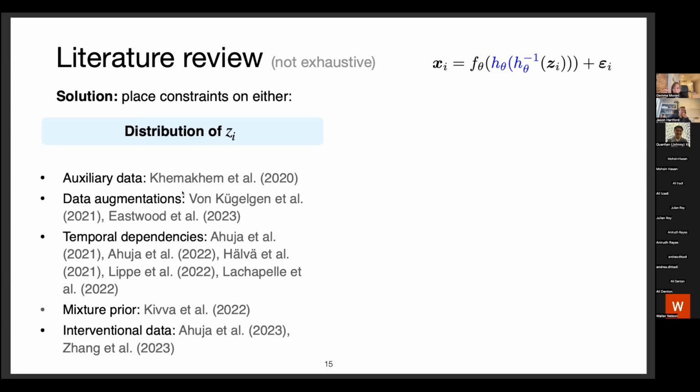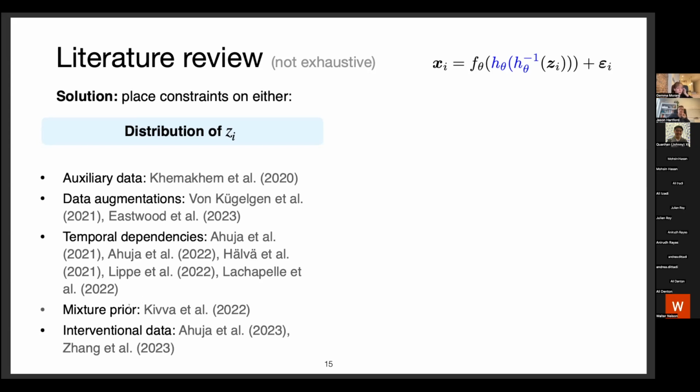So, potentially you have paired data where you're assuming that some of the latent processes are the same across the pairs and some of them are different. There are papers that assume access to temporal dependencies where the latents can only change a certain amount over time, and so that constrains what they can be. There are papers that consider different priors on Z.